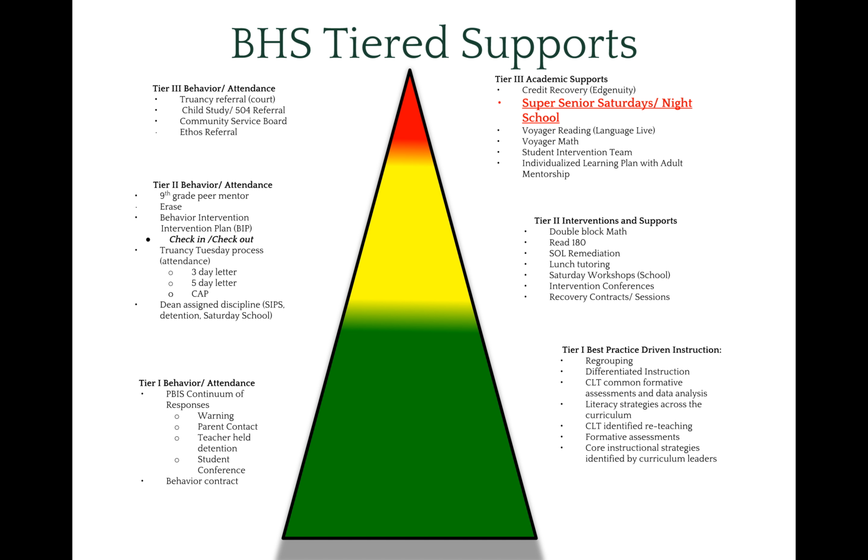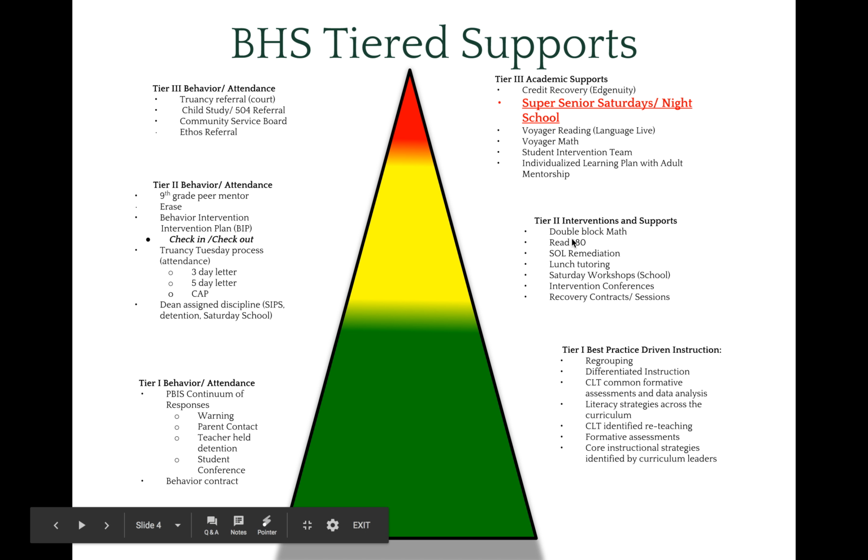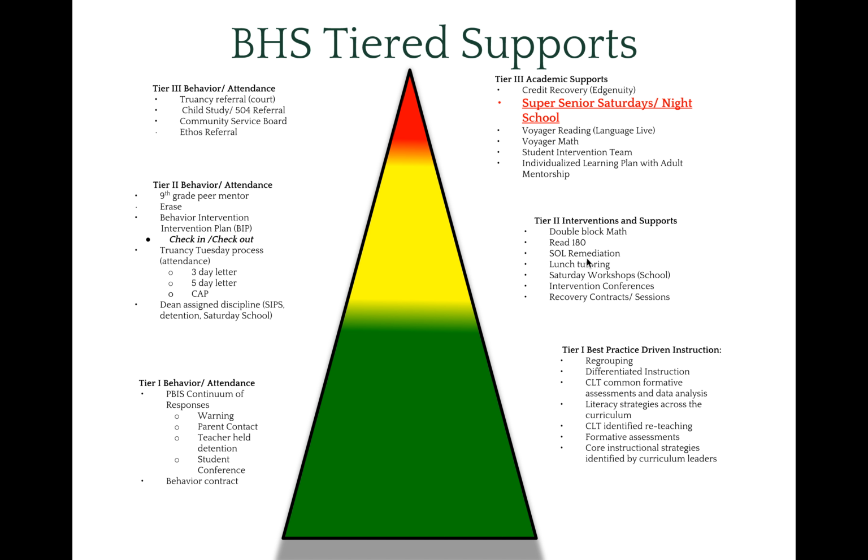And as we resource map and you work with teams, we will definitely begin to add and take away certain interventions. But this is what we look at, especially when you're looking at tier two and tier three. All right, so this half of the pyramid. And so we'll go over a few of these interventions and how we can tie everything together when it comes to attendance, behavior, and then course performance or academics.